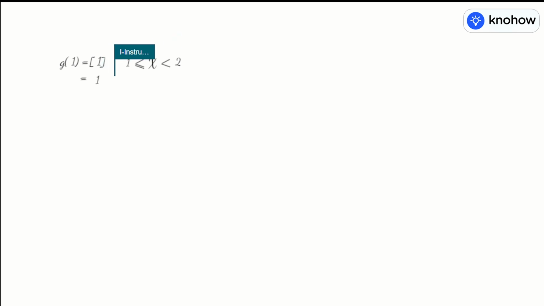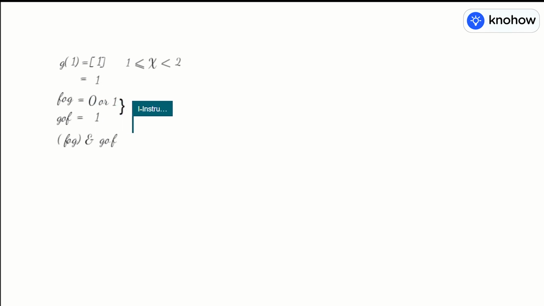That fog is 0 or 1, whereas gof is only 1. So naturally the two are not equal. So we find that fog and gof, the two composite functions, do not coincide or are not equal.